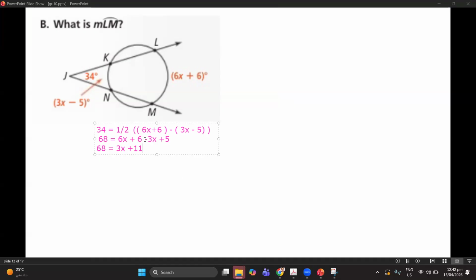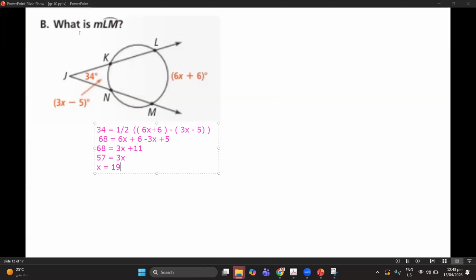Now minus 11 on both sides. What do I get? 57 equals 3x. Then divide by 3, so x will be 19.